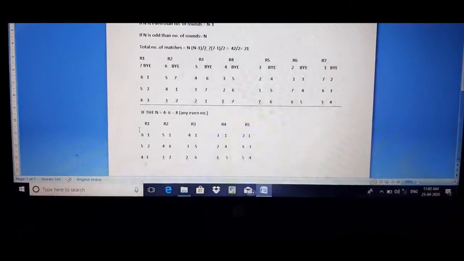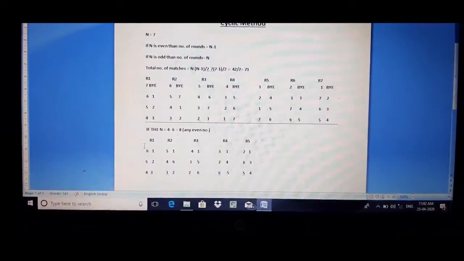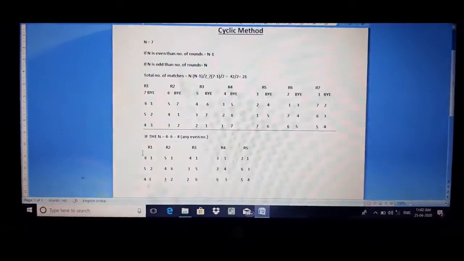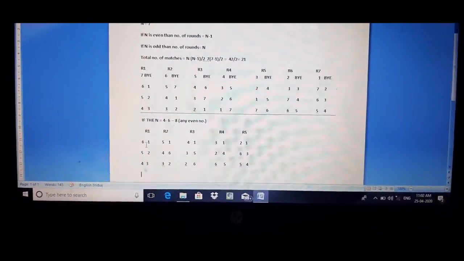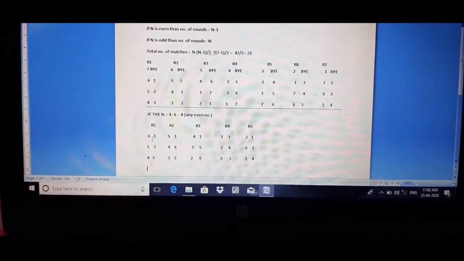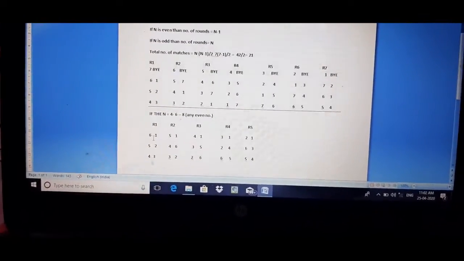Now when the number of teams is even, there is no bye, as simple as that. So what is going to be constant? Above you can see that the bye was constant in every round. Now number 1 will be constant in every round.